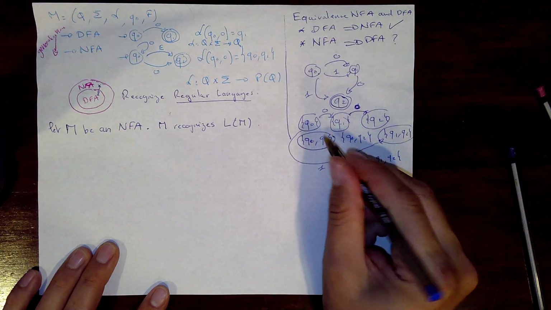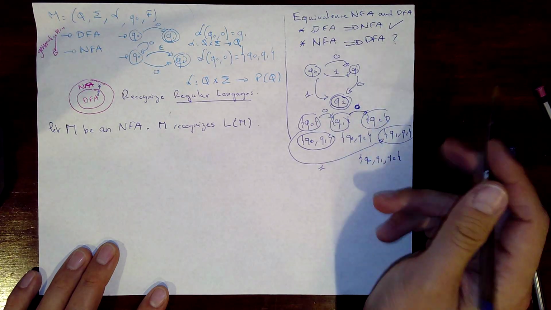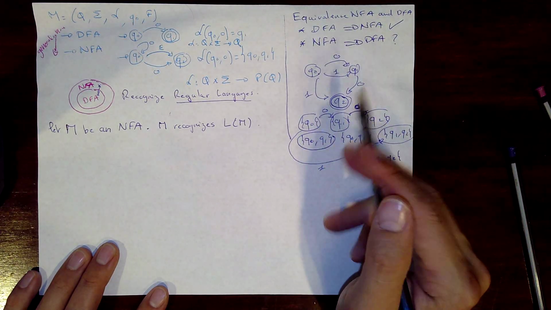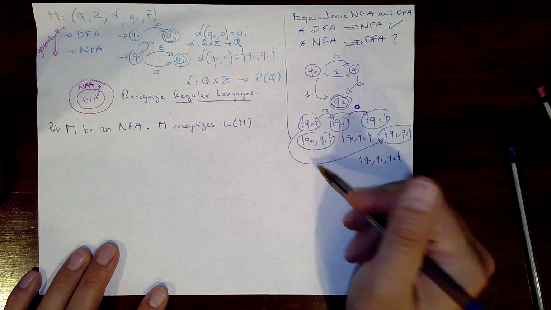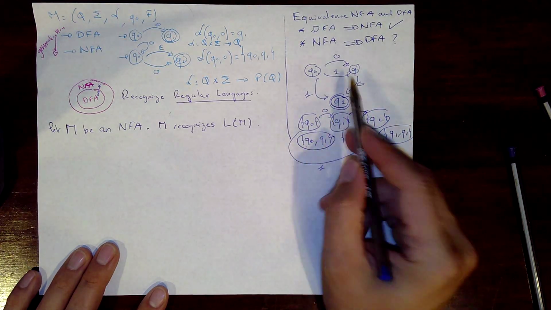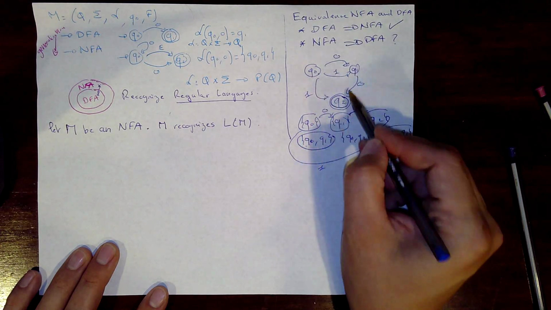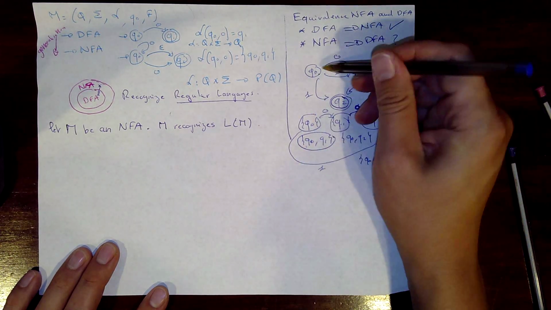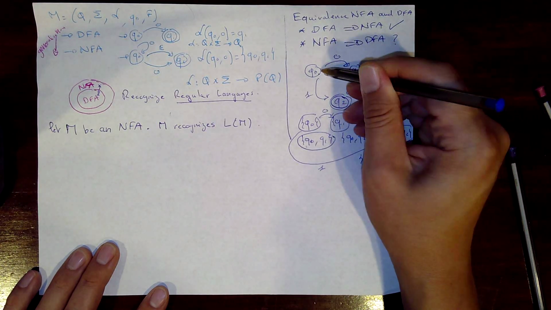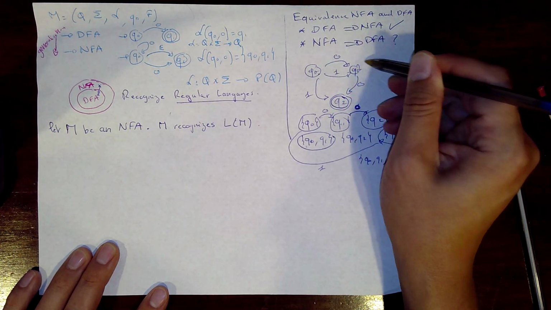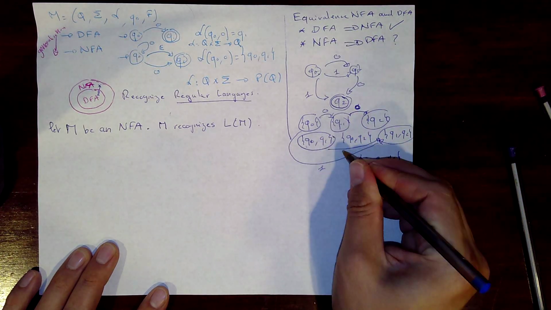From Q0, Q1, so how does this work? You're going to take just the union of everything that is potential next state with your input. So Q0, Q1, if I take 0, I do the union of all the zeros from Q0 and Q1. I can end up at Q1, and from Q1 I go to Q2. So Q0, Q1 with 0 goes to Q1, Q2. Okay? Like this.